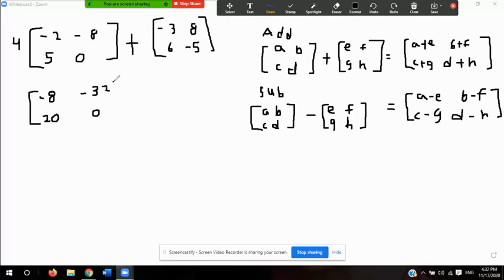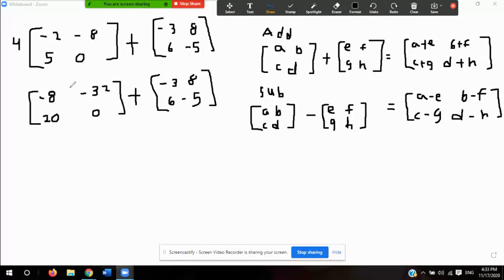And we're going to add that to negative 3, 8, 6, and negative 5. So now we're going to add the matrices, okay?